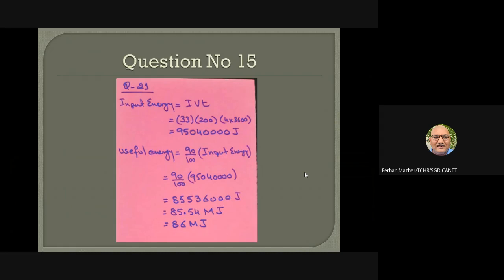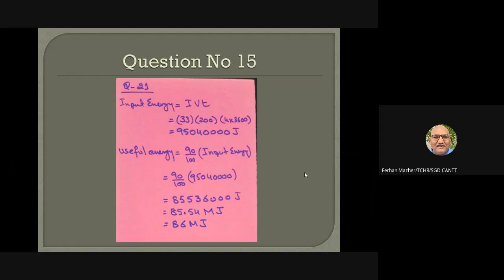So 90 by 100 multiplied by the input energy, 950400000. So your answer will be 855360000 joules. So it will be something like 85.54 into 10 raised to power 6 joules. And 10 to the power 6 means megajoules. So it's approximately 86 megajoules.